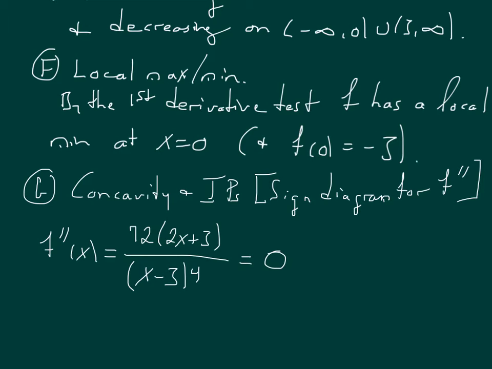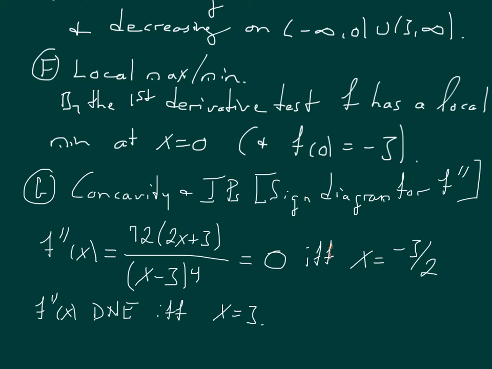So if x is equal to minus 3 halves, and it does not exist exactly when the denominator is 0, which is going to happen when x minus 3 is 0, which is to say when x is equal to 3.